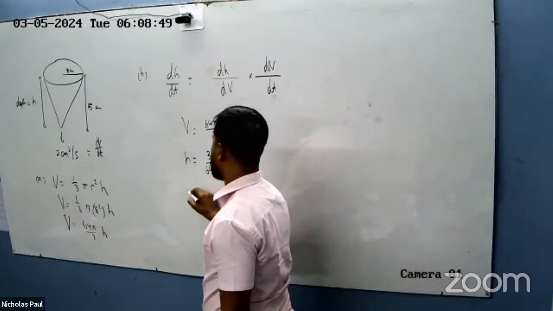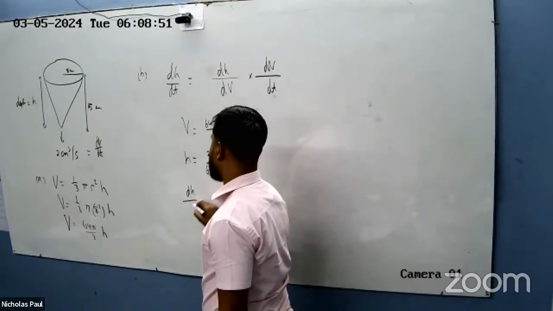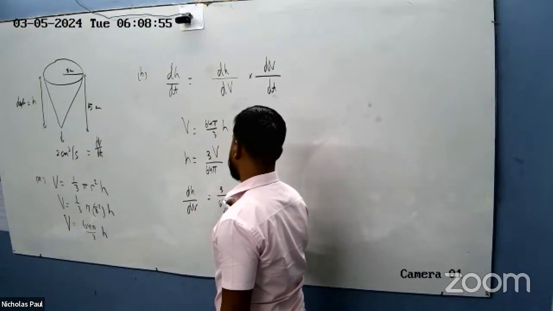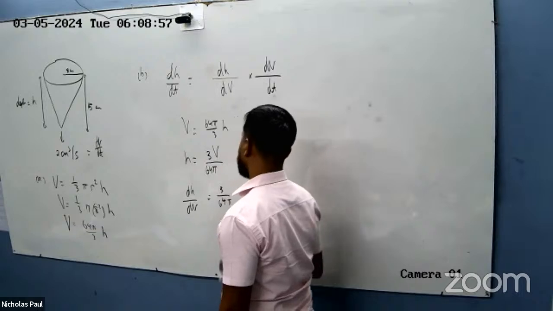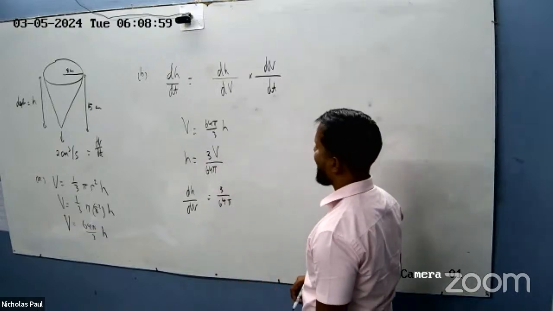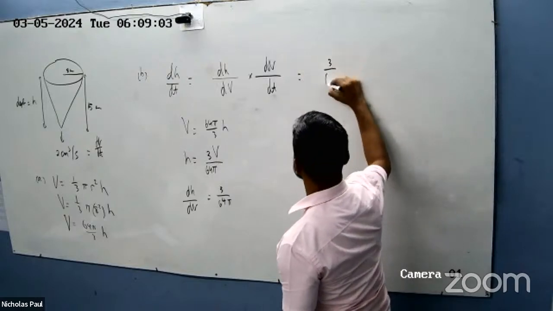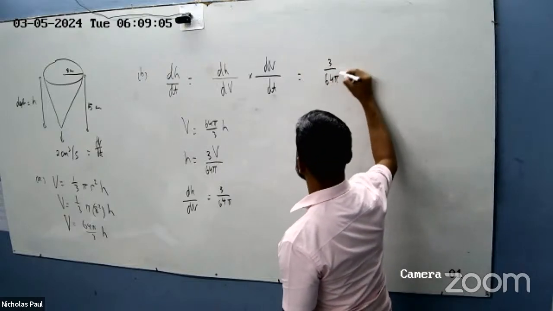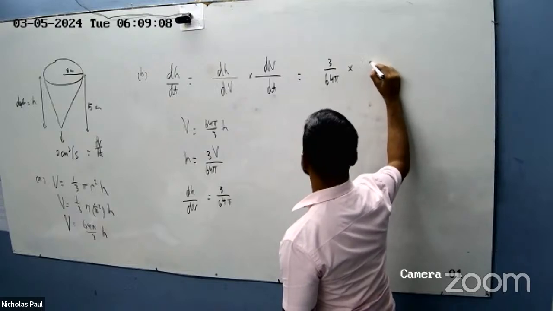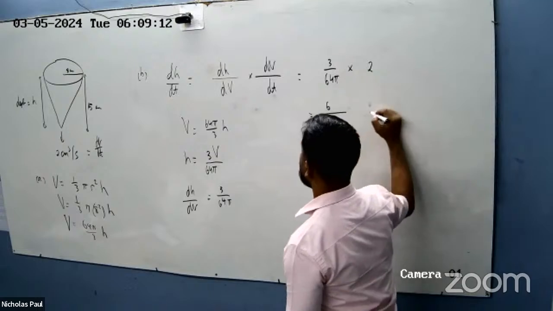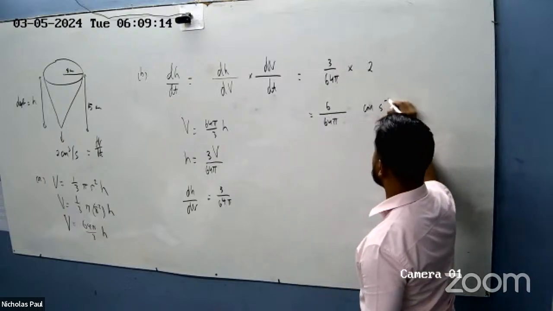If I differentiate H with respect to V, I'll end up with 3 on 64 pi. So we get 3 on 64 pi multiplied by 2. So I get 6 over 64 pi. This is centimeters per second.